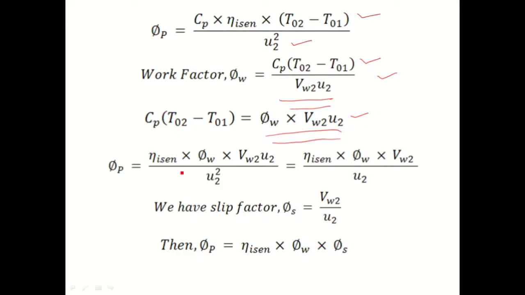Substituting this into the equation, it becomes isentropic efficiency into work factor into VW2 U2 divided by U2 square. Top and bottom U2 cancel, and isentropic efficiency into work factor into VW2 by U2 gives the pressure coefficient.